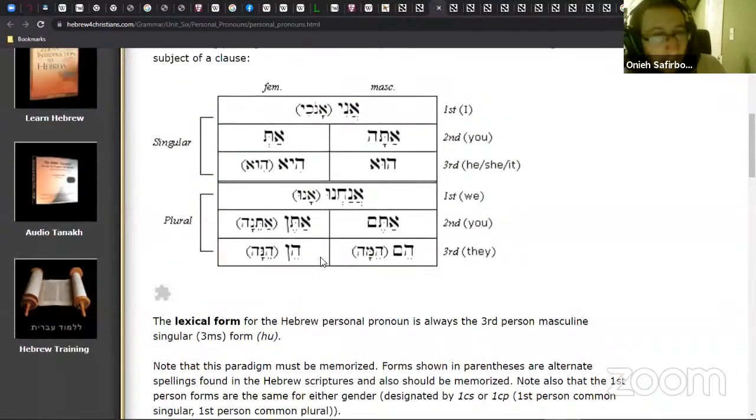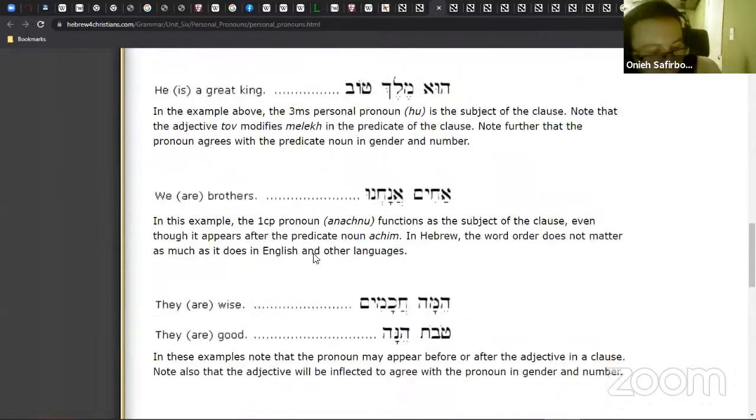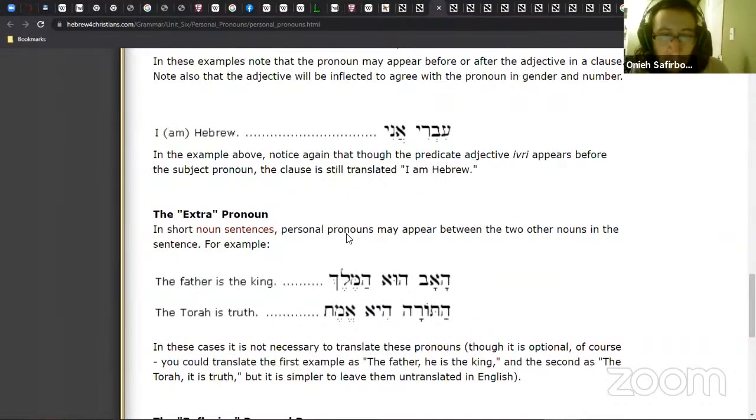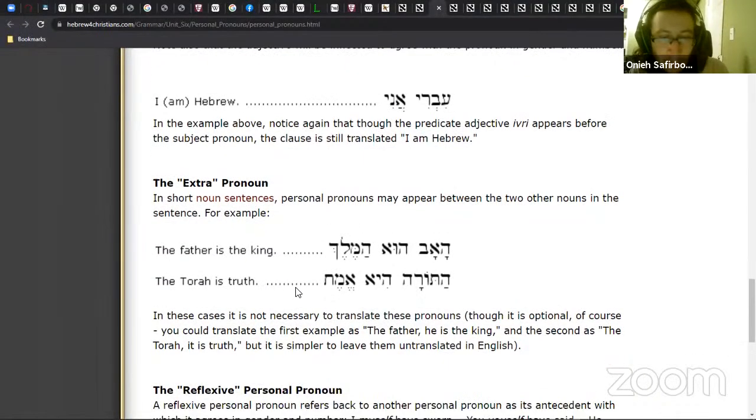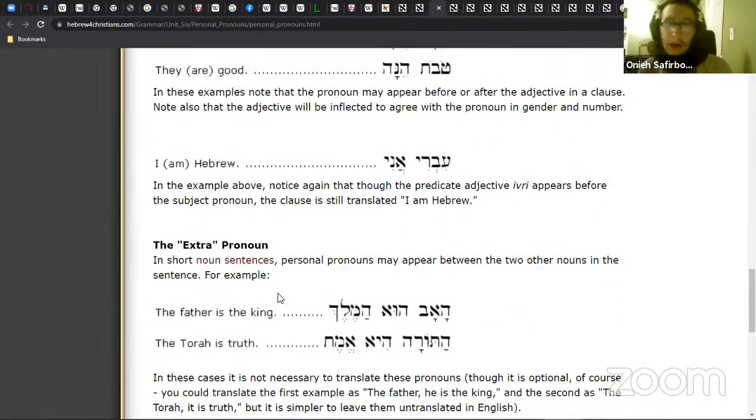One other thing to mention about these is that verbs usually have a personal pronoun attached to them.